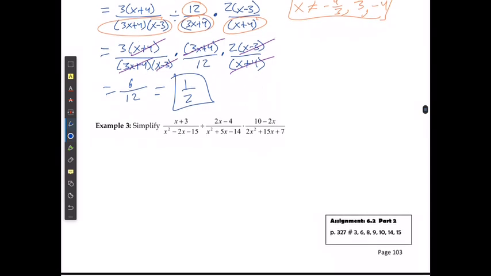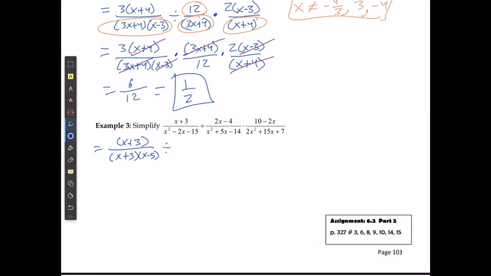All right, for the last example, we're not going to worry about non-permissible values. We're just going to factor it down and simplify it. So on the top, I have x plus 3 which can't be simplified. On the bottom, it's going to be (x + 3)(x - 5).